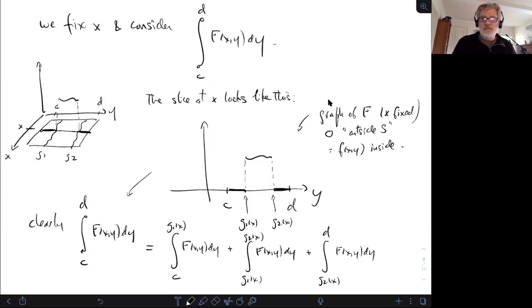It's just the typical thing you did in Cal 2, right? You have an interval, you have the integral from one end to the other. You can split it up along points on that interval. Okay?